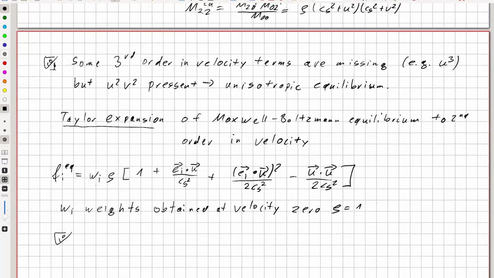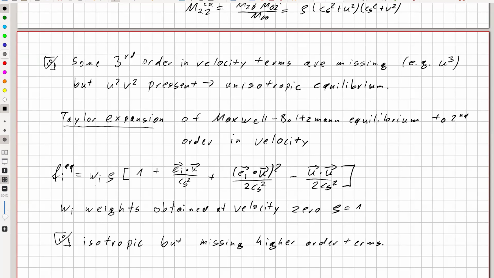This equilibrium, as I was trying to explain, is isotropic, but it is missing higher order terms. That it is missing higher order terms has consequences. The consequence of this being isotropic is in particular the following.